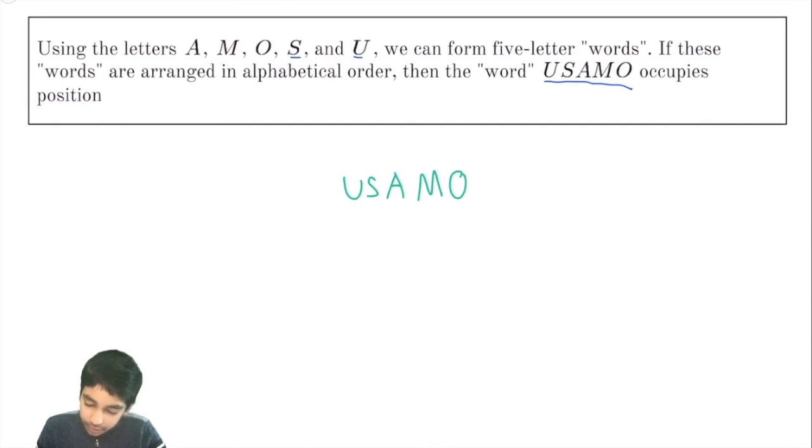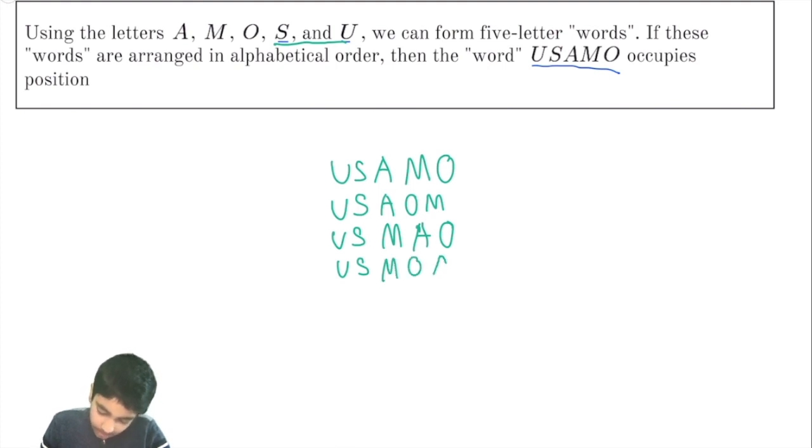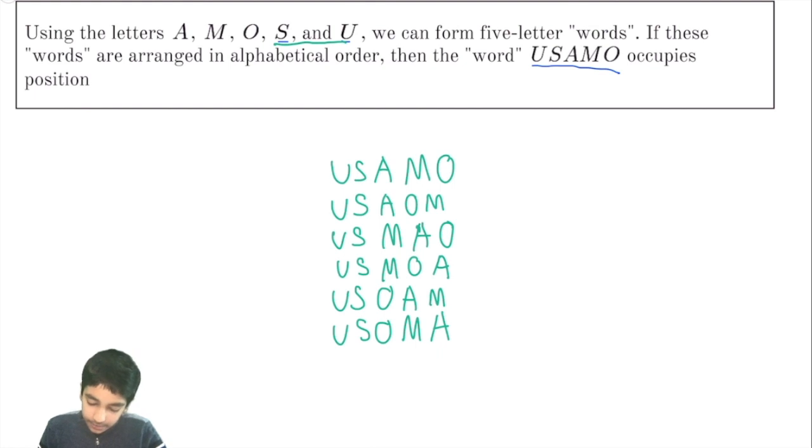After USAMO, there's just going to be US, the last 2 letters of the alphabet, in front. So we can have USOMA, USOAM, USMAO, USMOA, and USAOM.